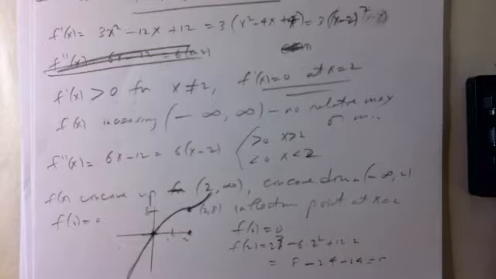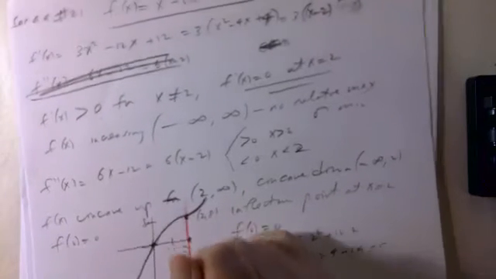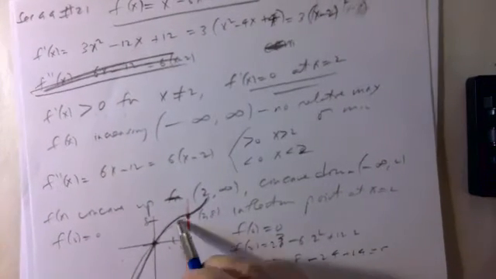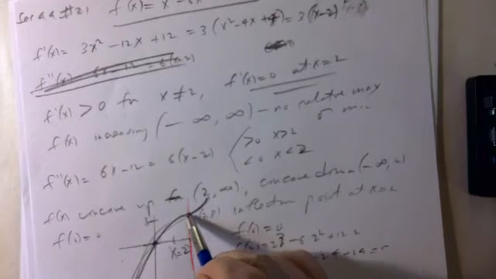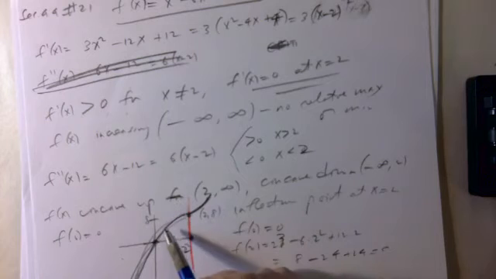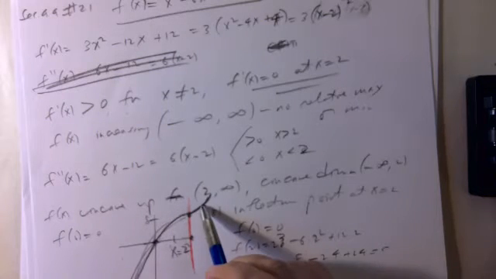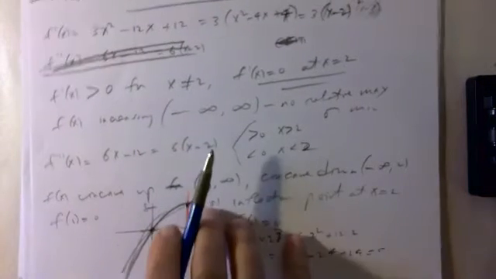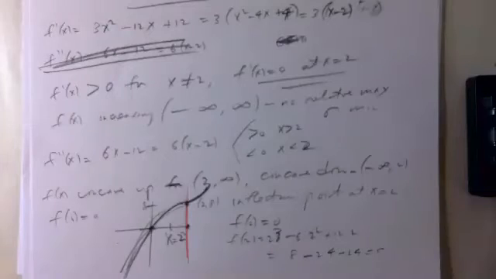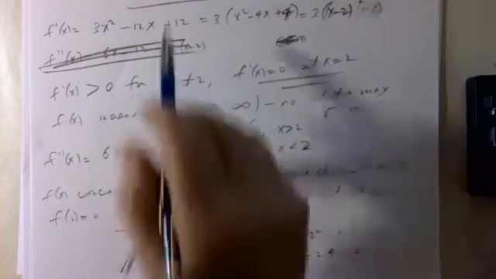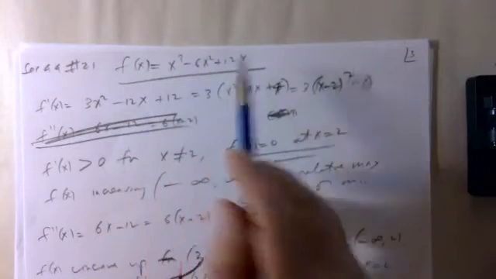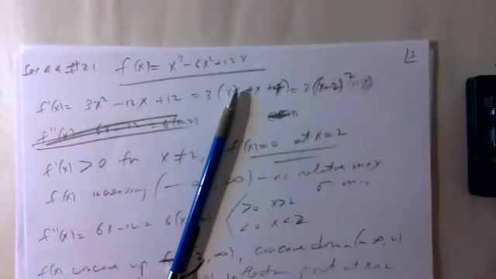So this curve is concave down until you get to x equal 2, and then after that, it's concave up. So where the concavity changes from down to up is an inflection point. So how did you find the coordinates of that point? Well, this tells me the inflection point occurs when x equals 2. This is my function, x cubed minus 6x squared plus 12x. You plug in x equal 2 and calculate it.